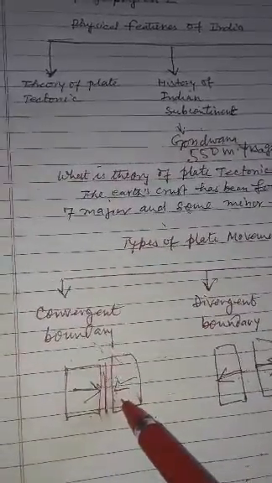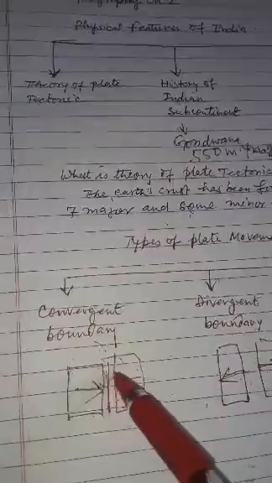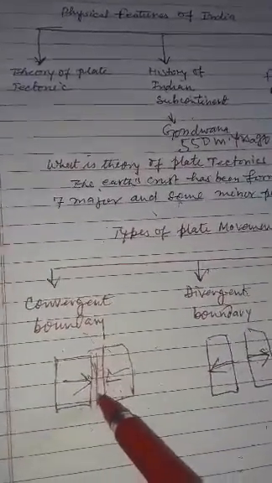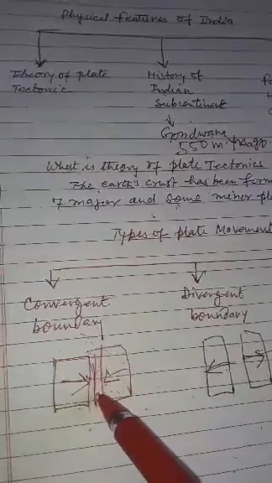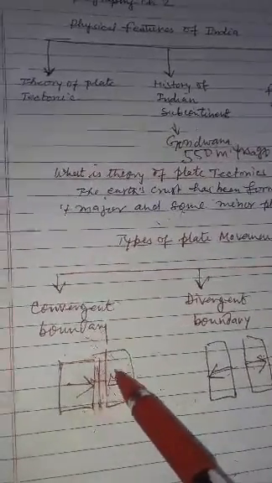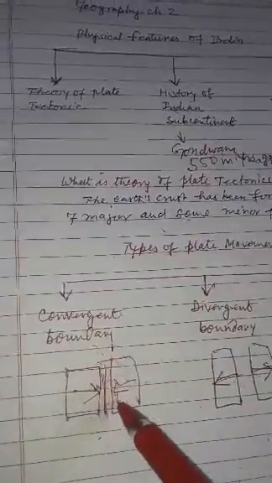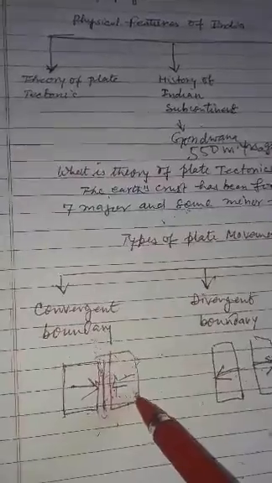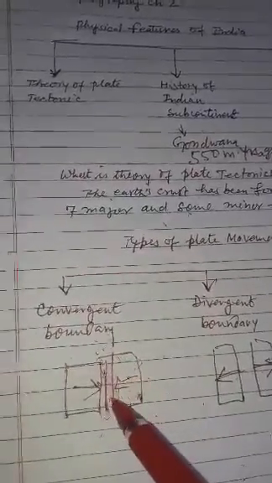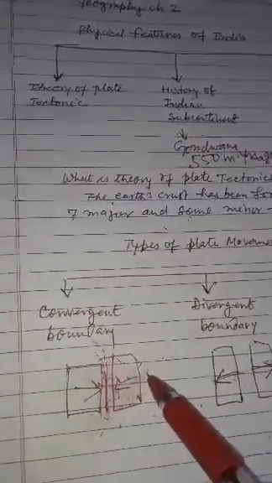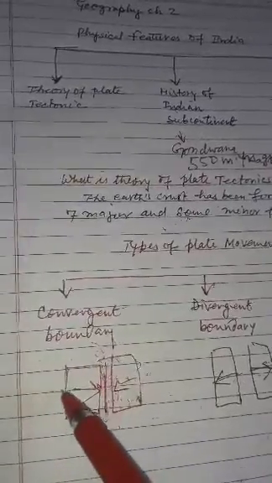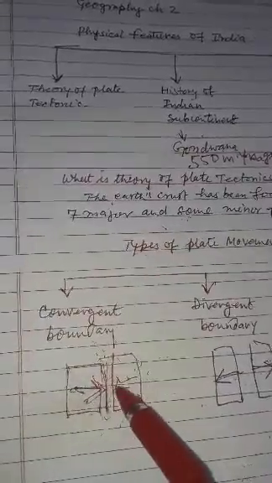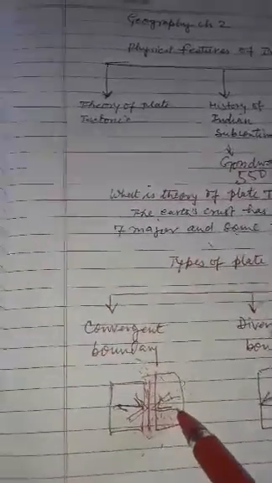When crumble and collision take place, it results into folding, faulting, and volcanic activities. This is known as convergent boundary. The plates try to come together in this way. They close together. This is convergent.